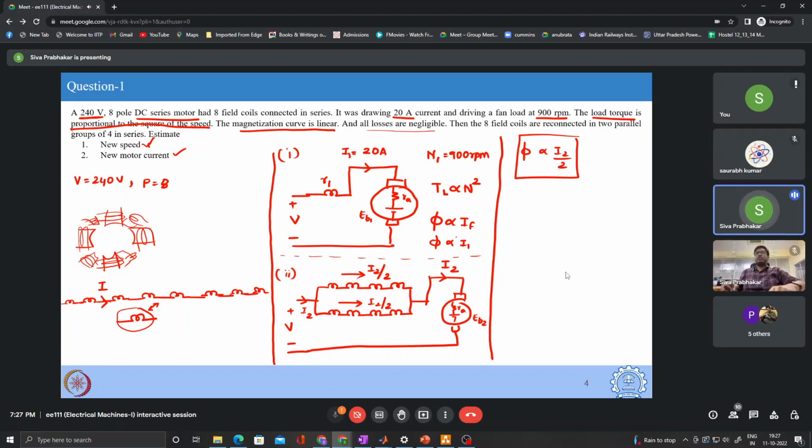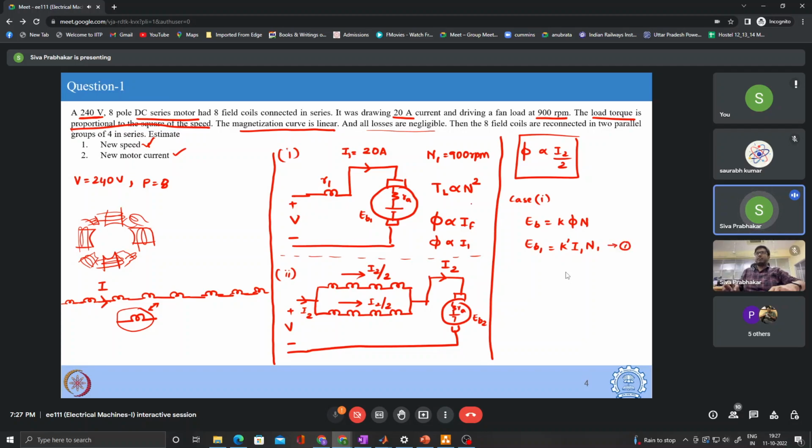From case 1, you can write EB is K phi into N. So we can write EB1 equal to K dash into I1 into N1, because the field current is the same as I1, so flux here is proportional to I1. This is our first equation.